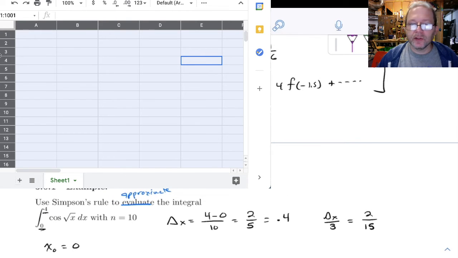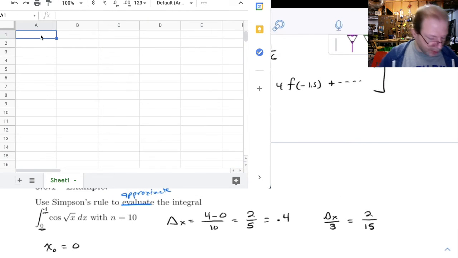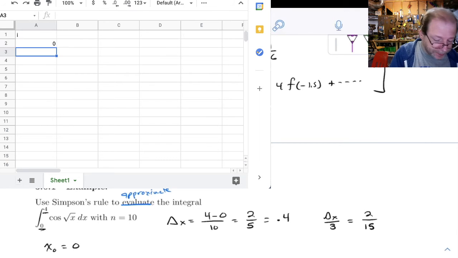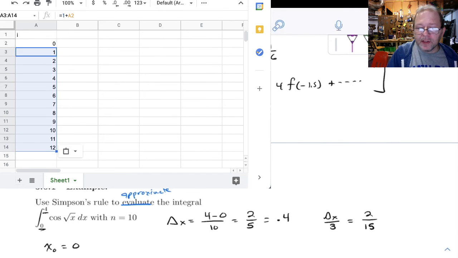All right, so first up, I'm going to call this i, just for my number of rectangles. Or not rectangles. I call them rectangles sometimes, but they're not rectangles because they've got a curve across the top instead of just a line. So let's see, 0, then each is 1 plus that, so go down to 10.